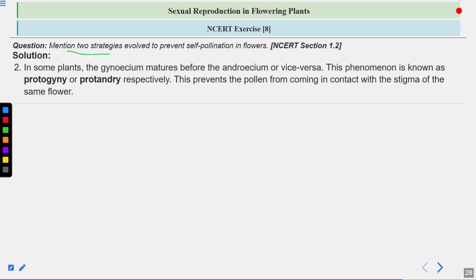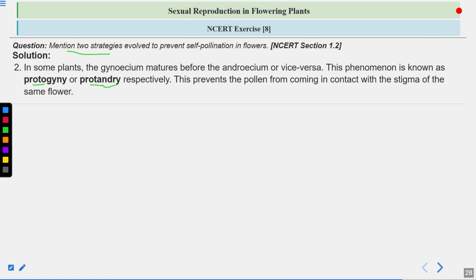So, there are two phenomena called protogyny and protandry. Protogyny and protandry. In the case of protandry, the androecium matures earlier and the gynoecium matures later in the same flower. So the maturation times of the male and female reproductive organs are different.